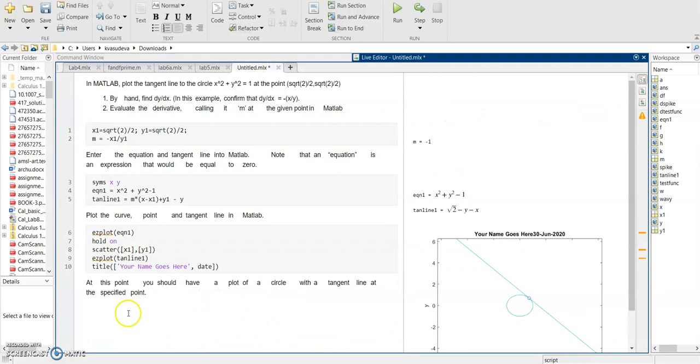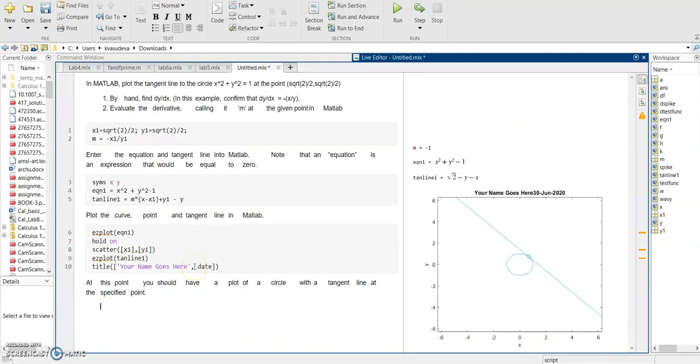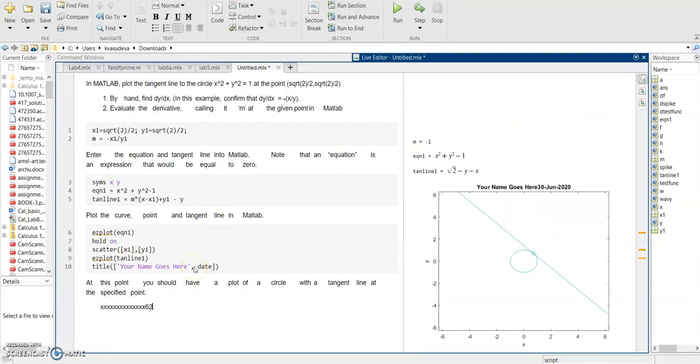I'm going to show you here. So I have x squared plus y squared, which is equal to 1. When you take implicit derivatives, it is 2 times x plus 2 times y.